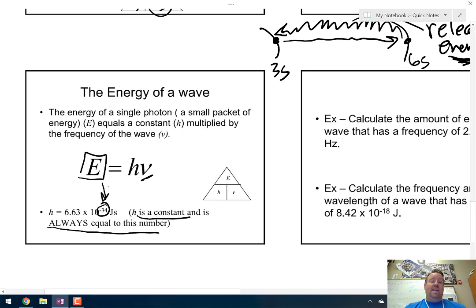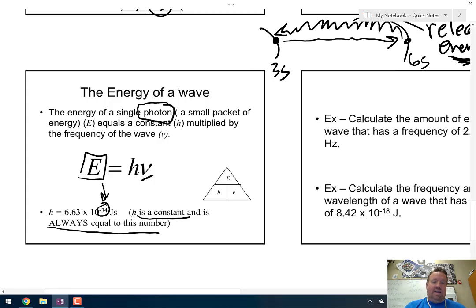The reason for that is because light travels in these little tiny packets of energy. When we see light, we don't actually notice the waves. We don't see the up and the down, and we don't see the little packets of energy. But when light travels, it travels in these little packets, kind of like train cars. When one train car gets filled up, it goes to the next train car. Every single train car is made up of energy.